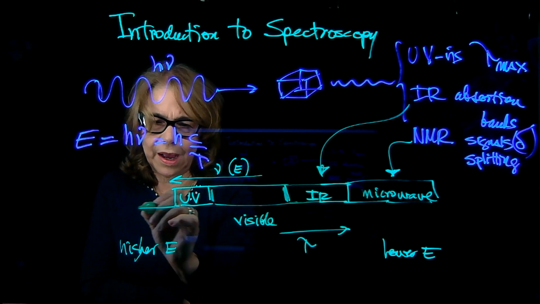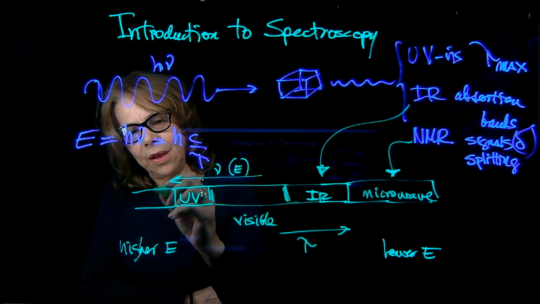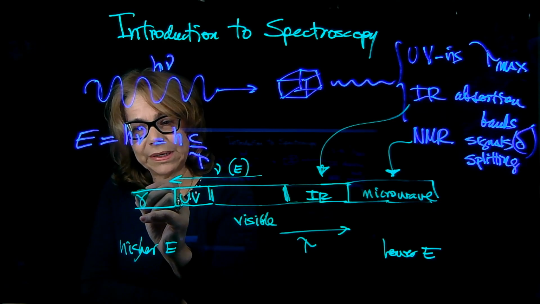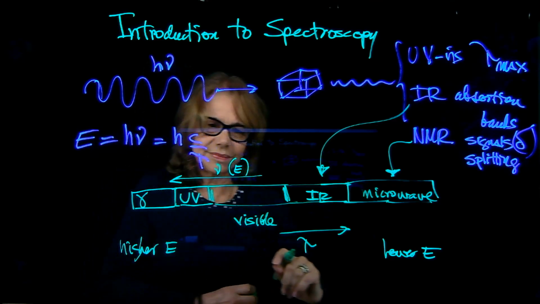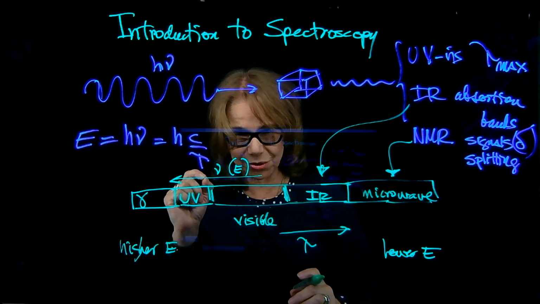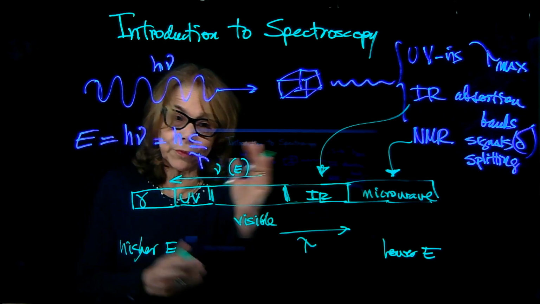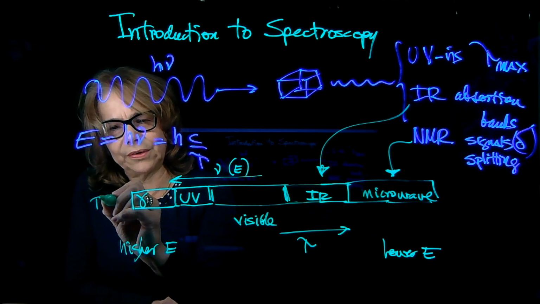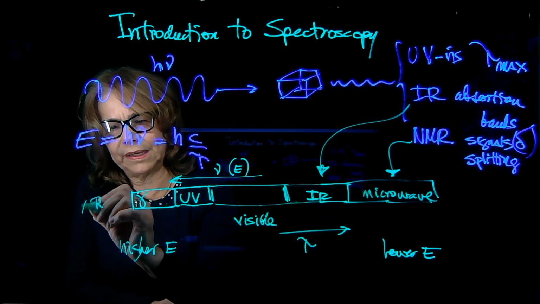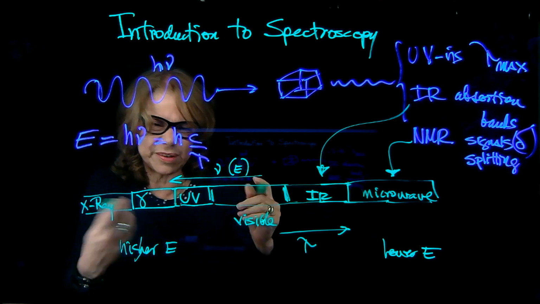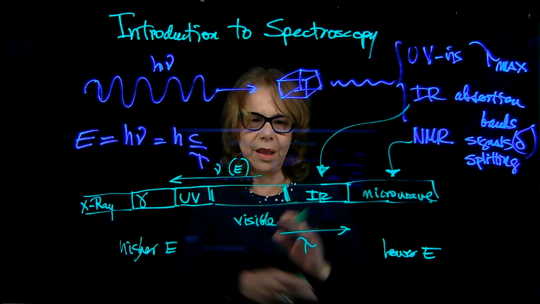Even higher in energy than that, we have gamma rays. Gamma rays have been used in surgery, for example. They're very laser-type, targeting, for example, tumors in surgery. Even higher in energy are X-rays, and we know that we use those in medicine to get images of our bones, etc.